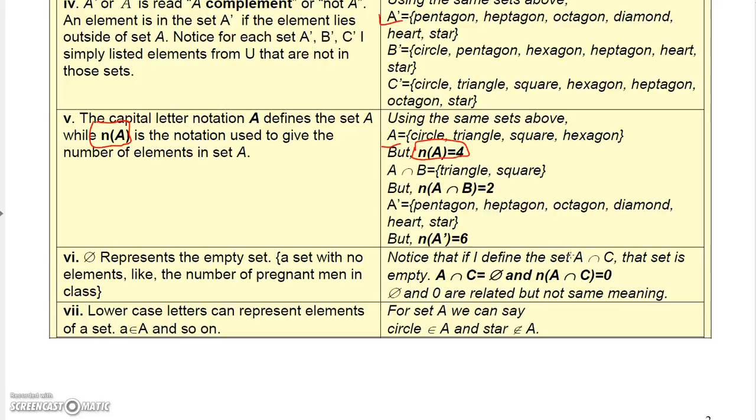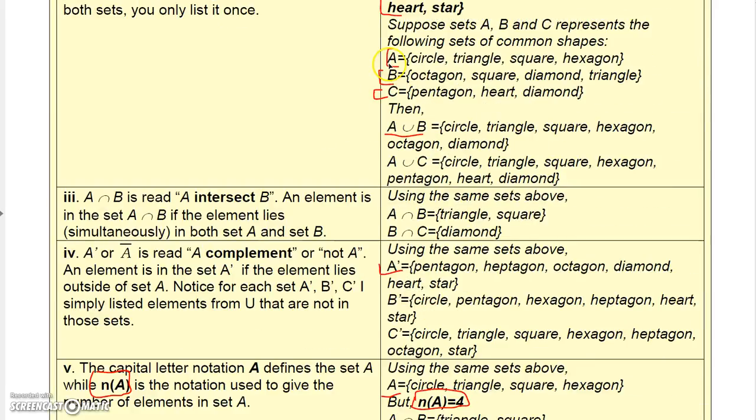A intersects C. Let's see, if you go back up here and look at A intersects C, I think I have it where there's no intersection, maybe not. Okay, well, that's A prime and C prime. How about A intersects C? Is there an intersection in those two sets?